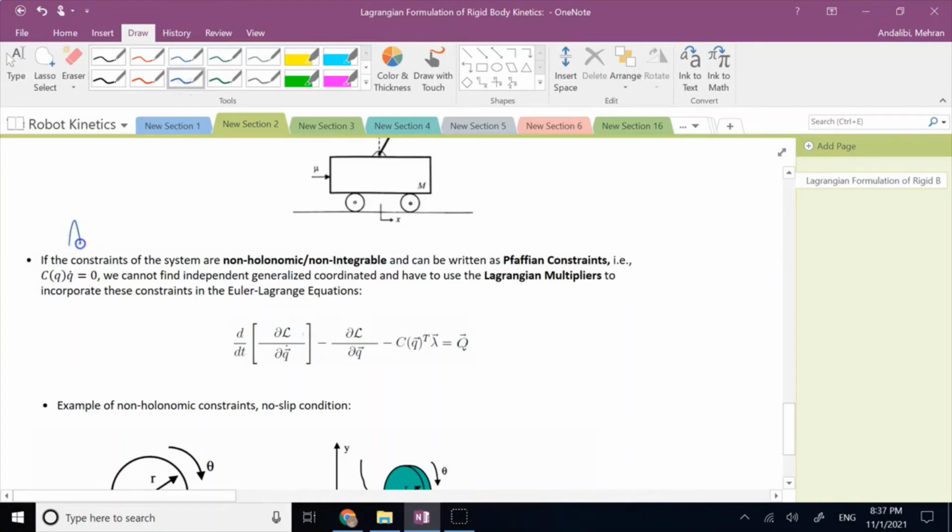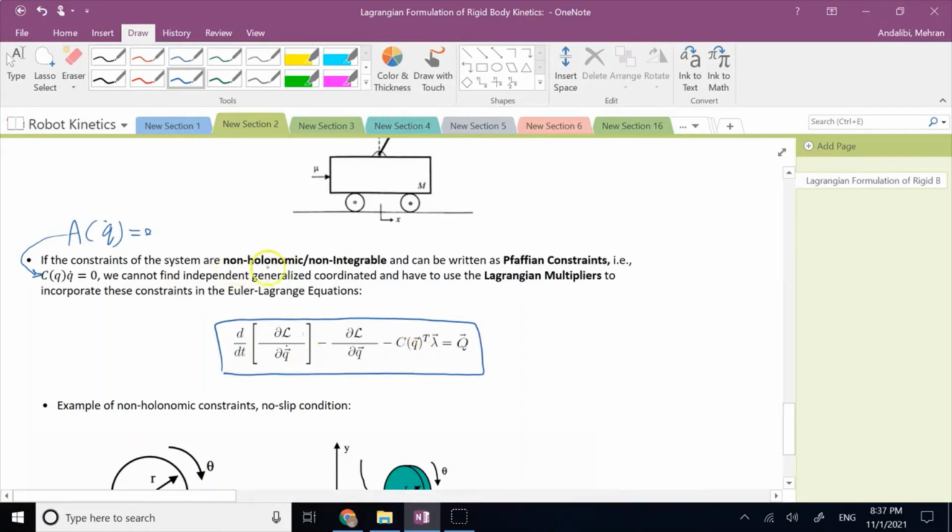So something like a of q dots equals 0, where a is a nonlinear function. But here, we assume that this function a can be written as a Pfaffian constraint, c of q times q dot. If that's the case, then I can still use this same approach that I did before, and I can use those Lagrangian multipliers to make the Euler-Lagrange equations work.